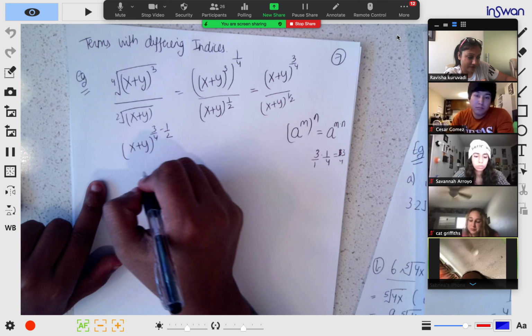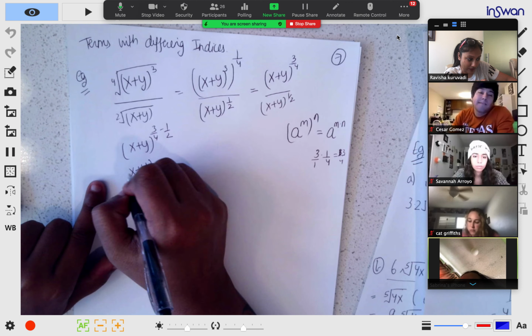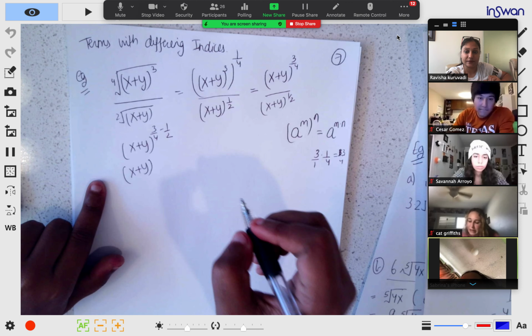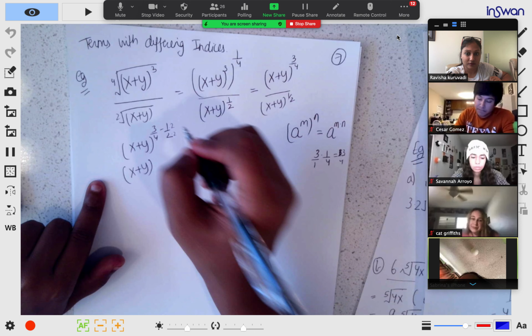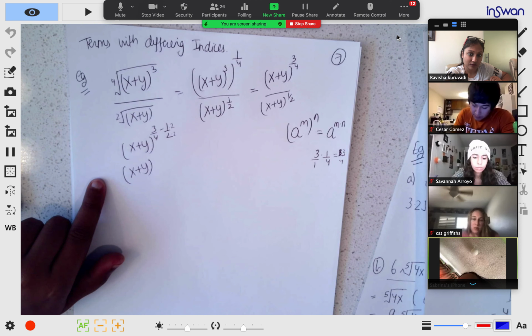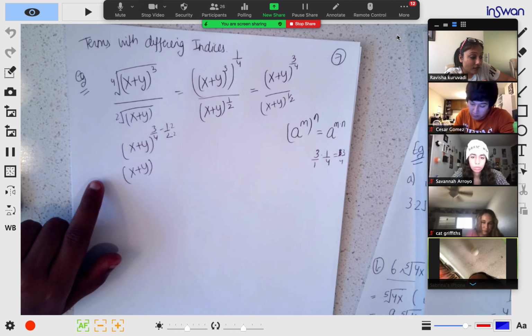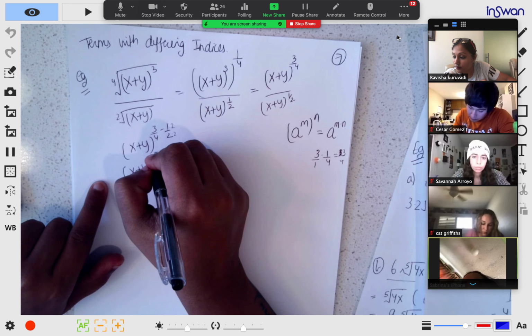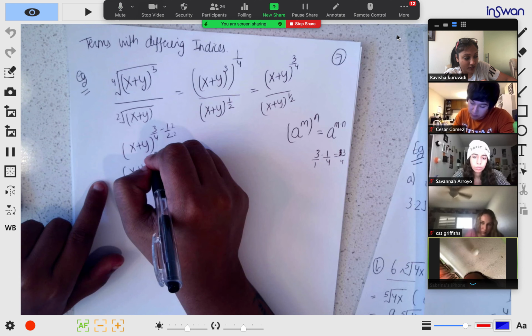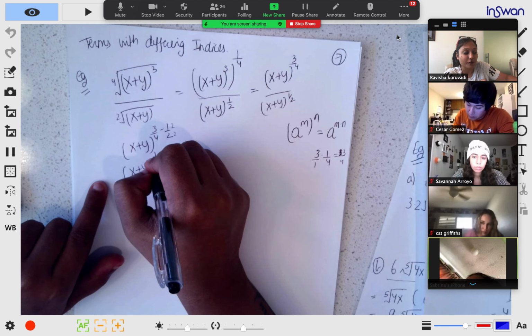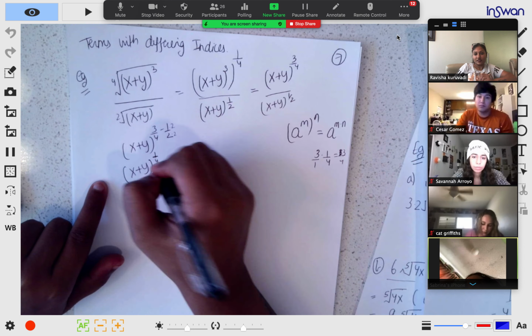Do we make the denominators common? Yes. So you're going to multiply by 2. So it would be 3 over 4 minus 2 over 4, which becomes 1 over 4.